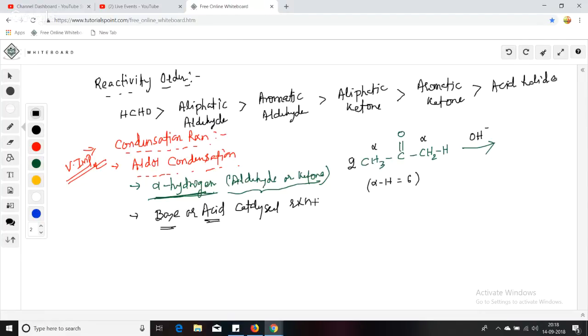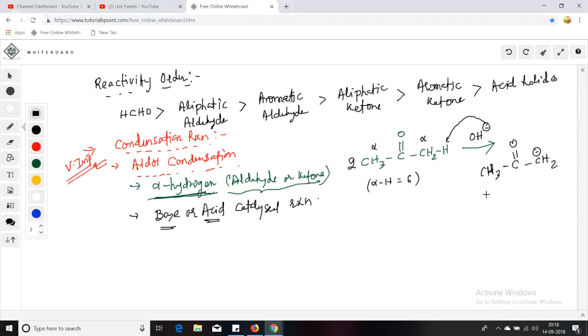So OH minus is the base, right? And this base can easily take this acidic hydrogen from the alpha position. So when this OH minus takes this hydrogen, H2O comes out and it forms CH3, C double bond O, CH2 with negative charge on it.